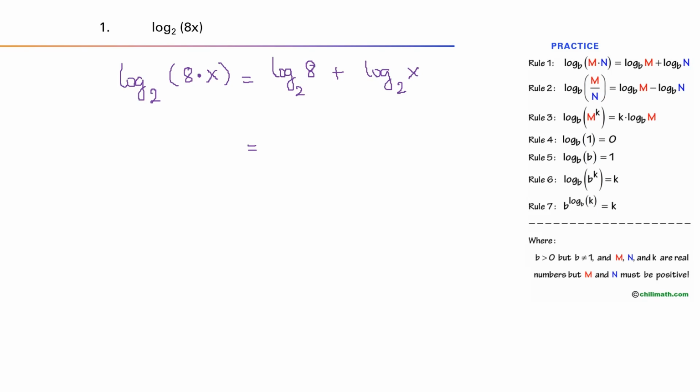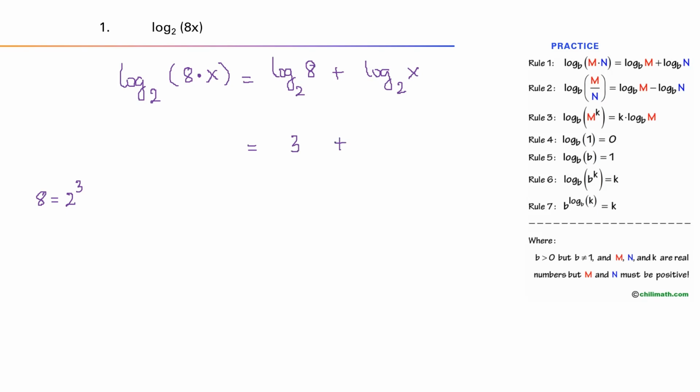And to simplify this one, we have log base 2 of 8 is 2 to the power of 3. So we will say 2 raised to what power equals 8, and the answer is 3.